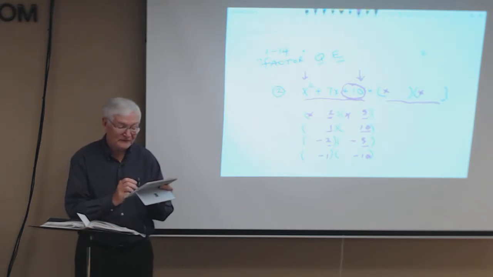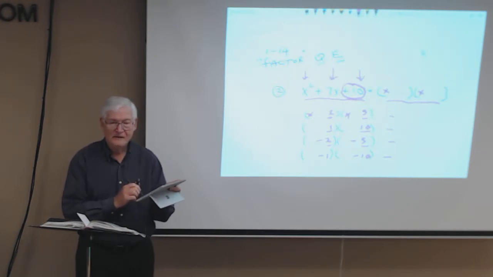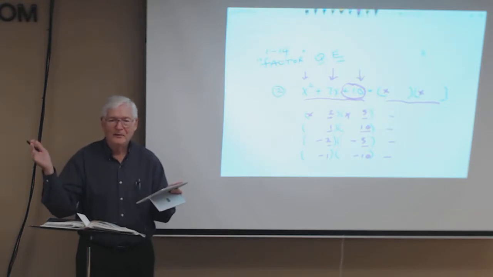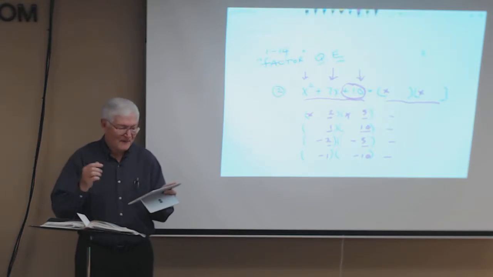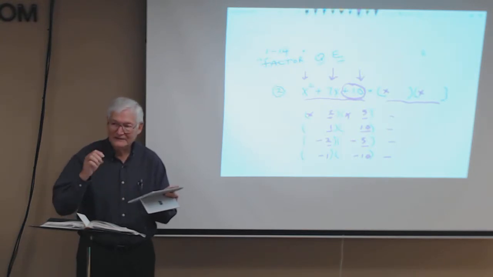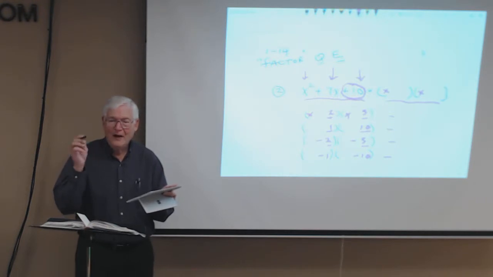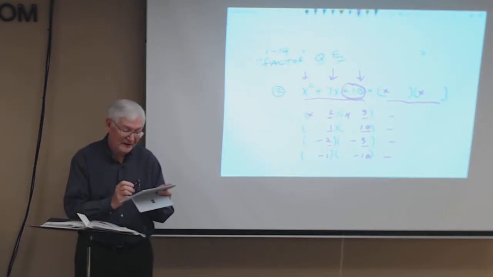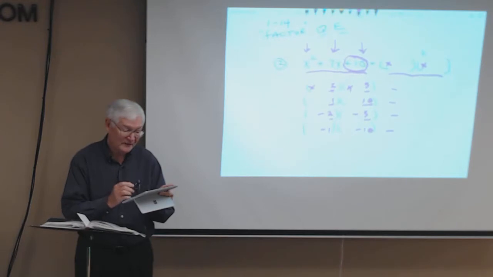So out of these 4 possibilities, which one is going to give me 7x in the middle? Did any of you learn FOIL any place in life? The first is the first times the first. The last is the last times the last. And OI, you just need to write this down. OI is you multiply the outside.